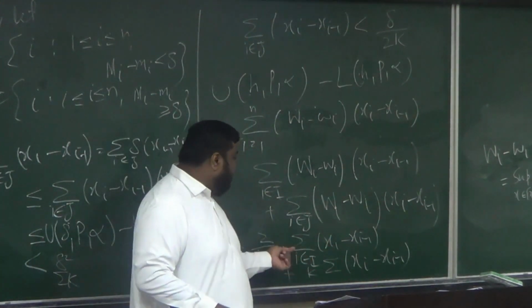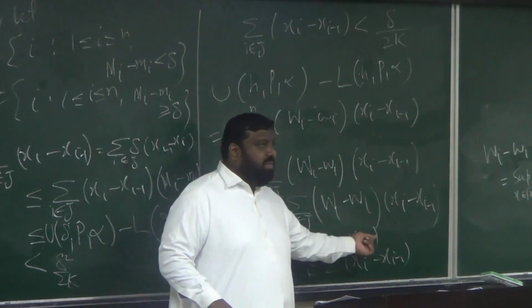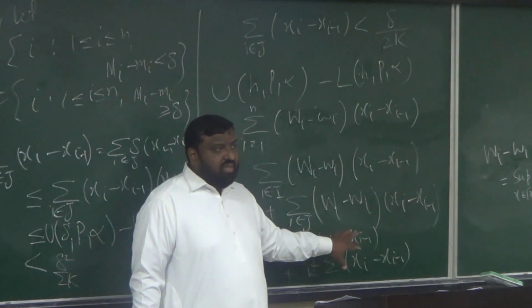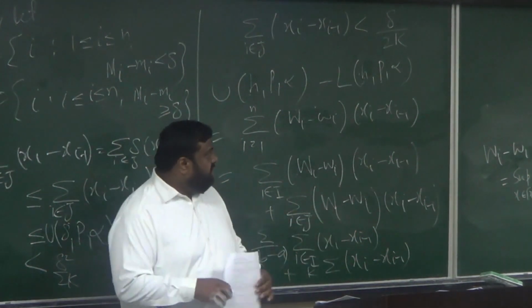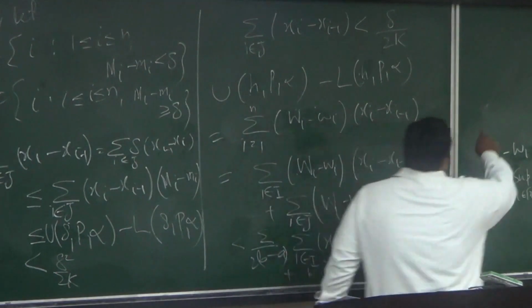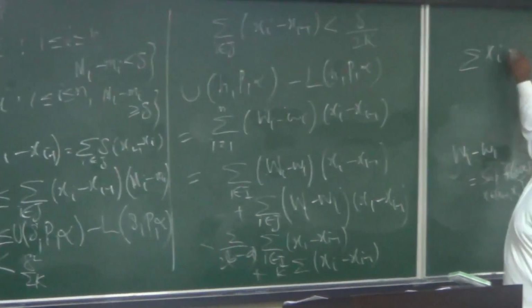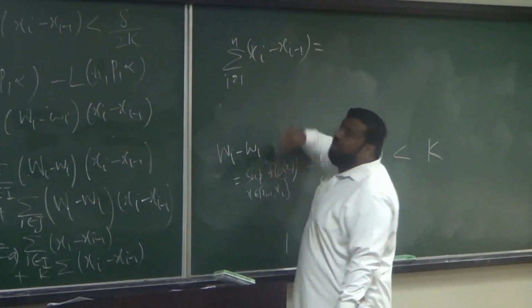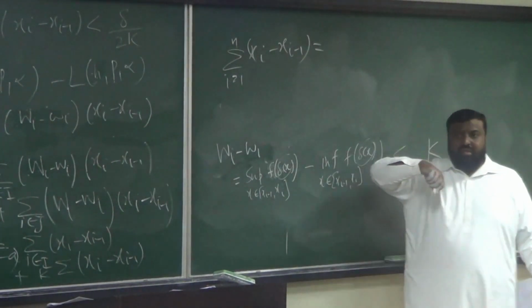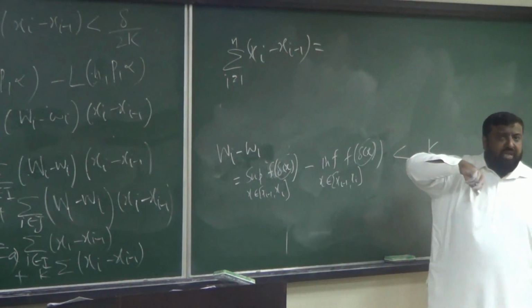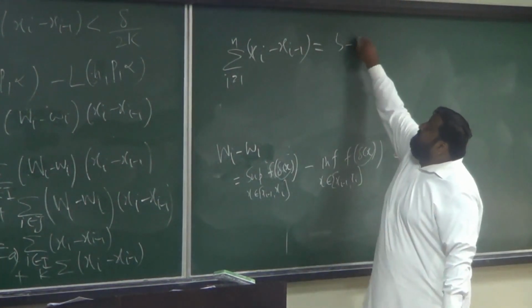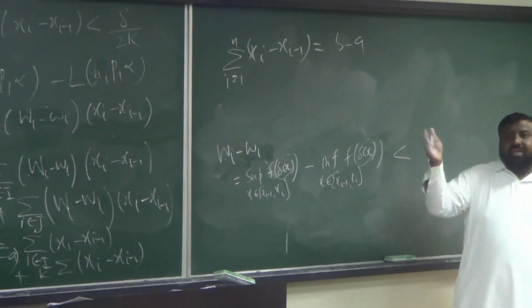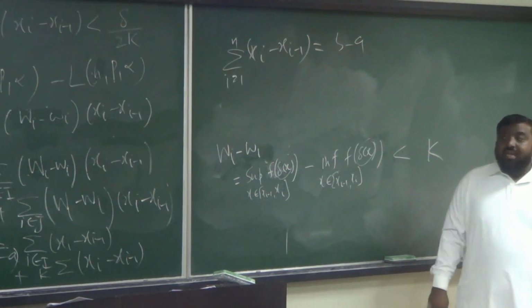This is smaller than b minus a, because if I take the sum of x_i minus x_{i-1}, running from 1 to n, the output is going to be b minus a. It's a telescopic sum actually. So you can have b minus a.